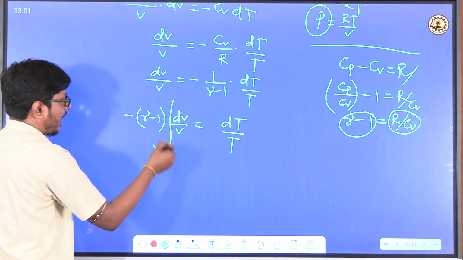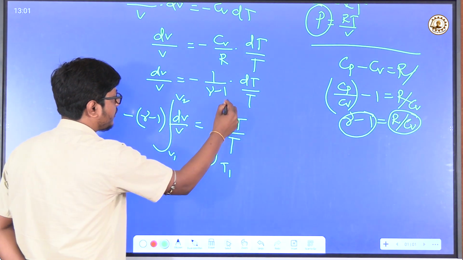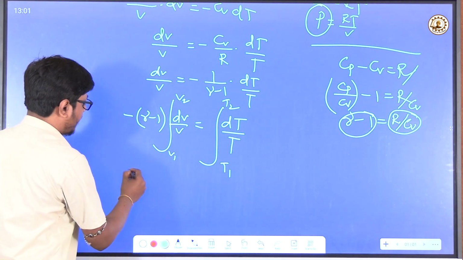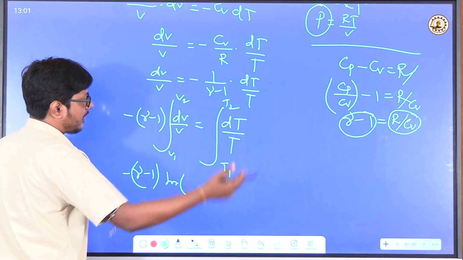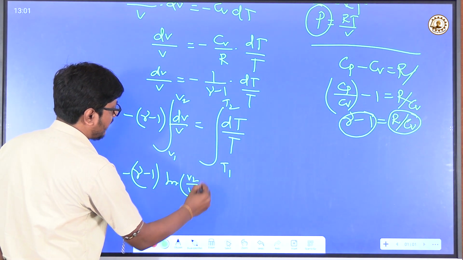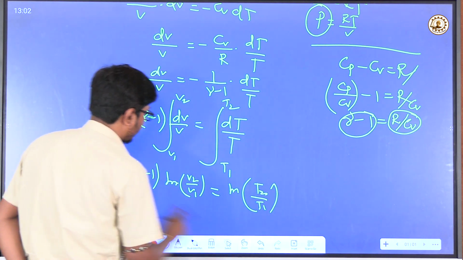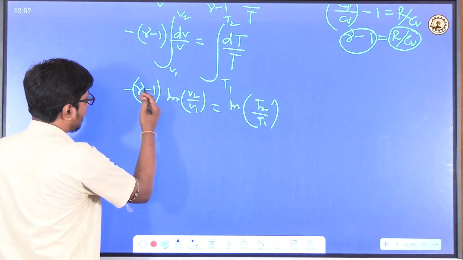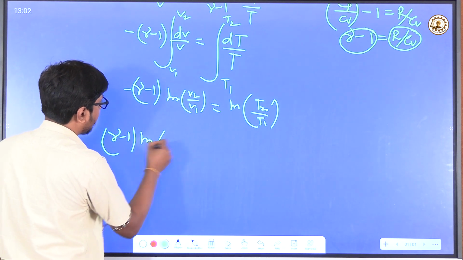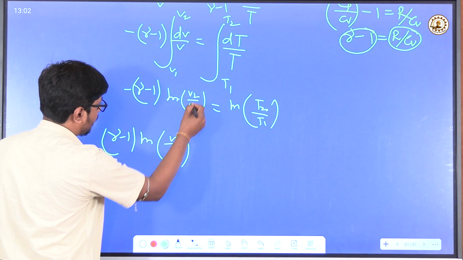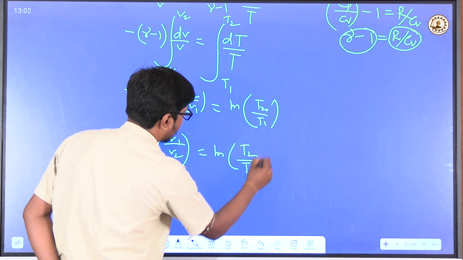Now rearranging and integrating this equation from the initial state to the final state, that is T1 to T2, we get ln v2 minus ln v1, so ln v2 by v1 equal to ln T2 by T1. The minus sign is absorbed by inverting v2 by v1 to v1 by v2.